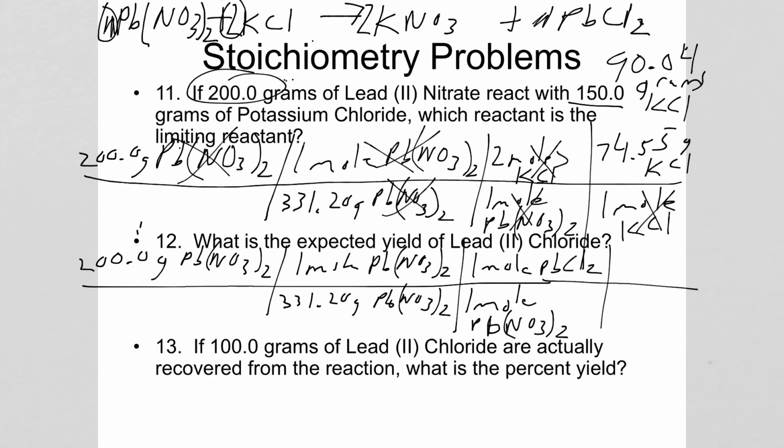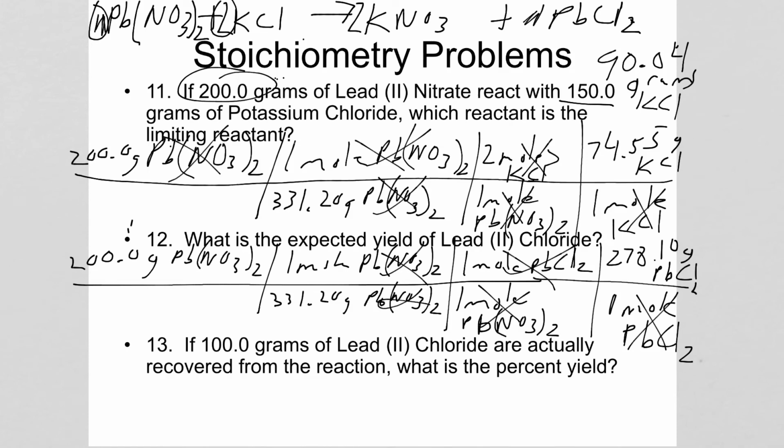And our final step is to convert from moles of lead chloride to grams of lead chloride. So we use the molar mass. The molar mass of lead 2 chloride is 278.10. All right, all our units cancel, except for grams of lead 2 chloride.